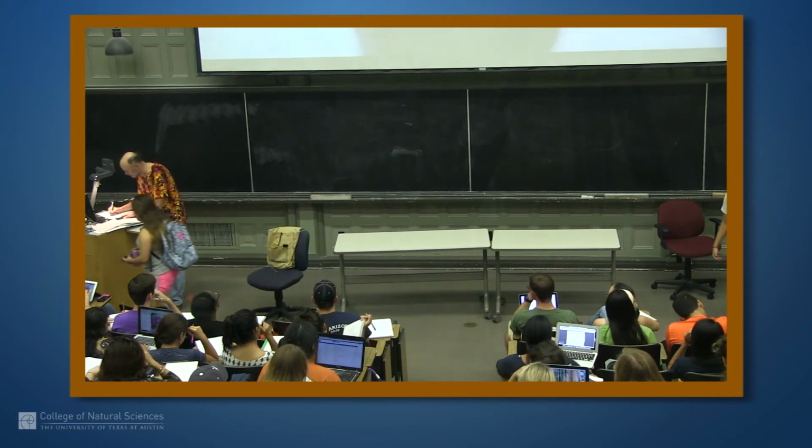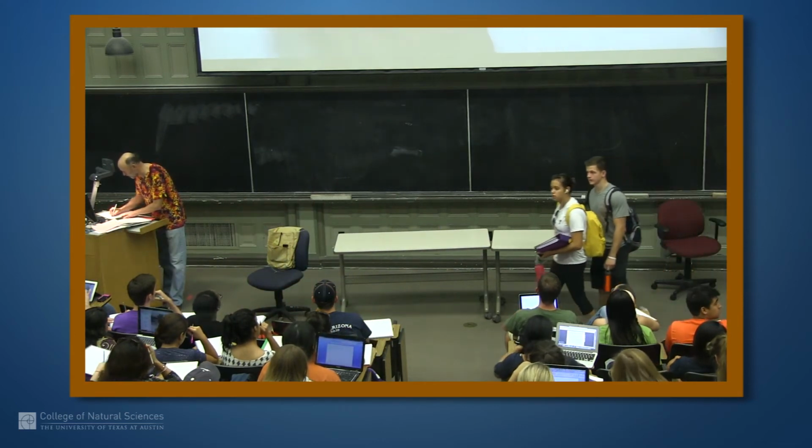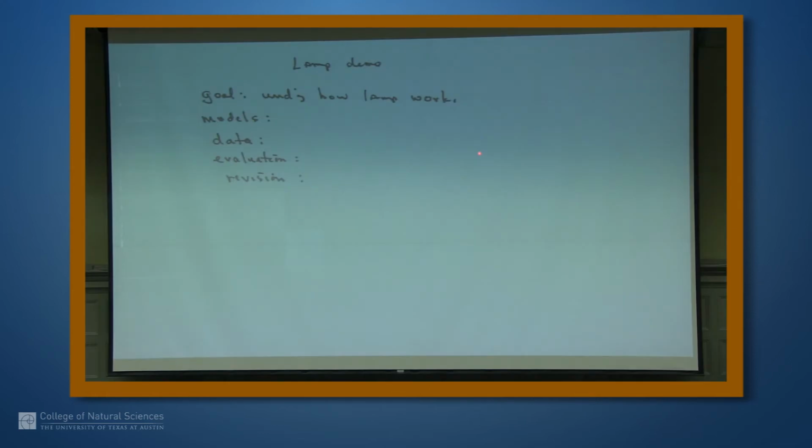But basically, what I want you to do is, for the goal of understanding how the lamp works, figure out what the models were, the data, evaluation, and revision, whether they were present and what they are.